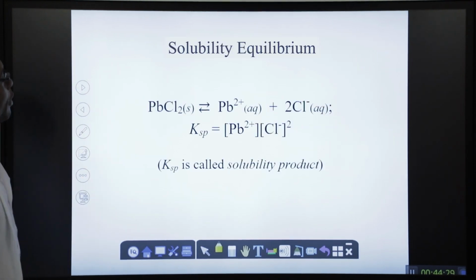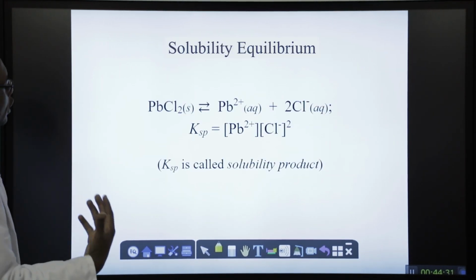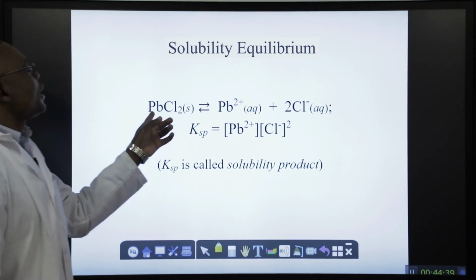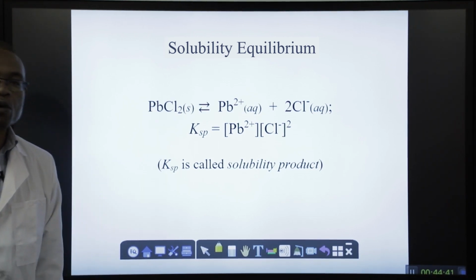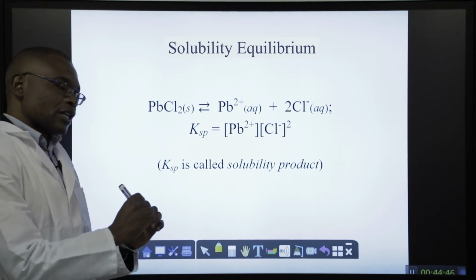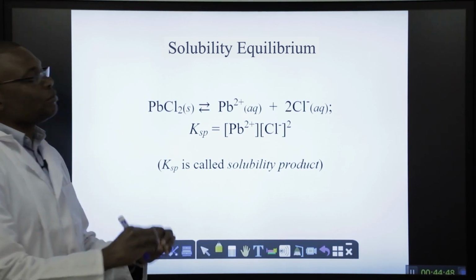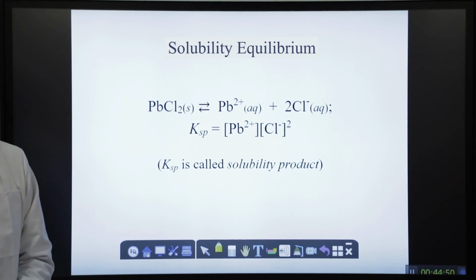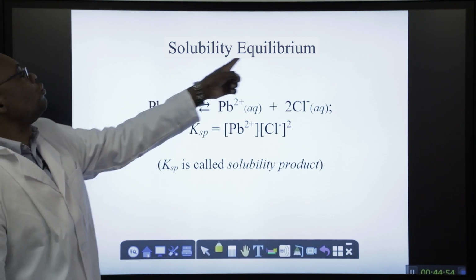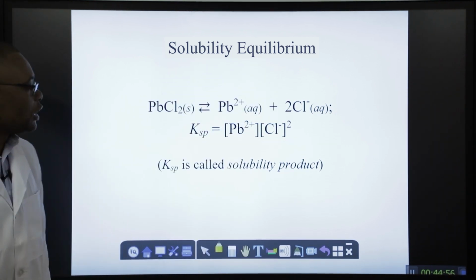So boys and girls, you have got a lot more other examples which you can represent. But let me conclude using this one where a solid substance dissolves in a liquid. You can also represent an equilibrium expression for the solubility of that substance, and we express what we call a solubility equilibrium.